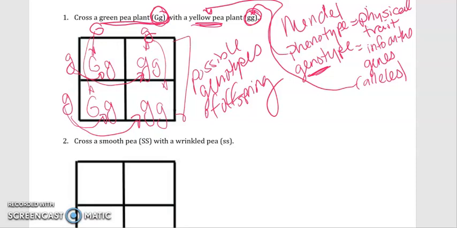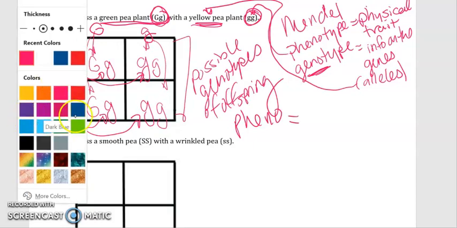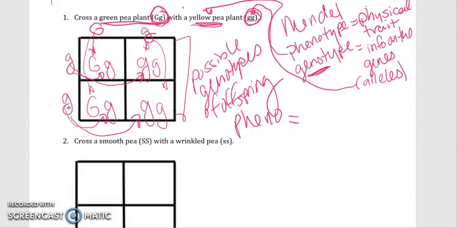But if we want to talk about phenotypes, what are they actually going to look like? Up here it says green pea plant is big G, little g, but yellow is little g, little g. Big G here means the green pea is dominant.